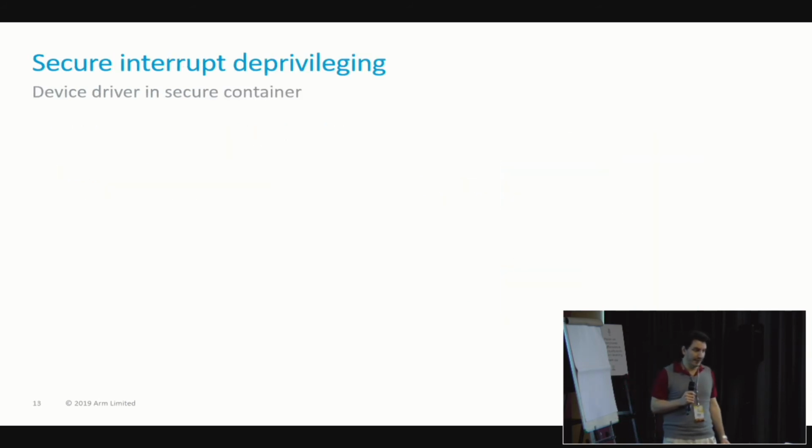We can do that by deprivileging the secure interrupt, and this is the way device drivers can be compartmentalized on the secure side. This is also beneficial if we have third-party secure partitions that want to have their own device drivers, or if we simply want to protect the trusted compute base from programming errors in our own device drivers.